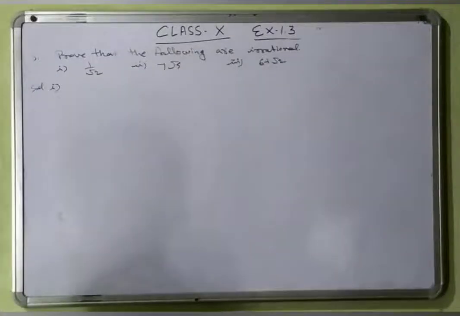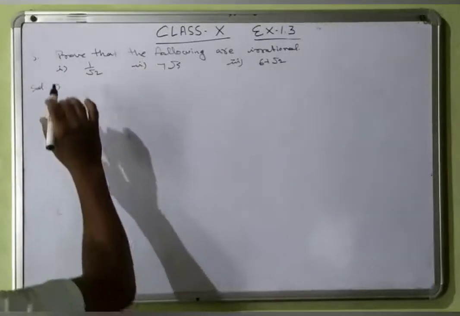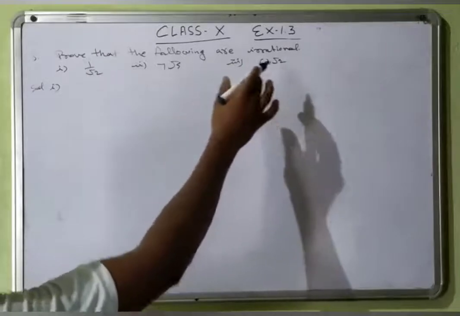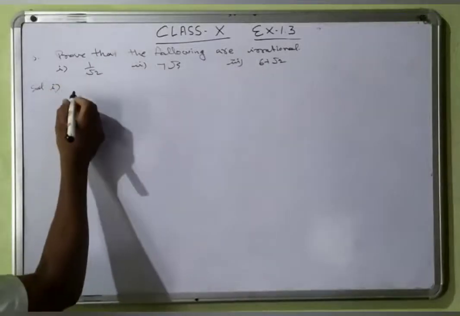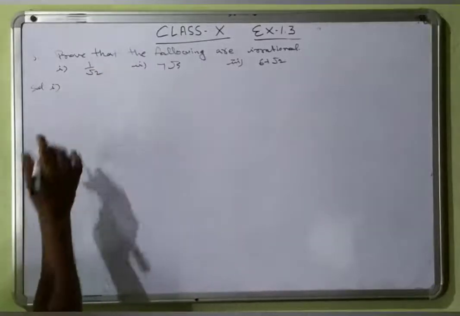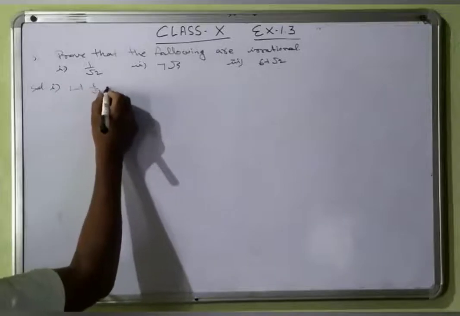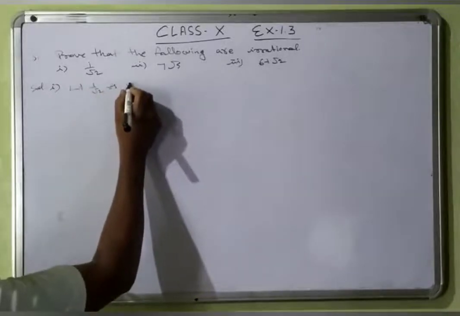Dear students, if you are feeling there are too many statements in the previous question, you can do it like this also. In this third question, prove that the following are irrational. This one, 1 upon root 2: you can write fewer statements. Let 1 upon root 2 be a rational number.